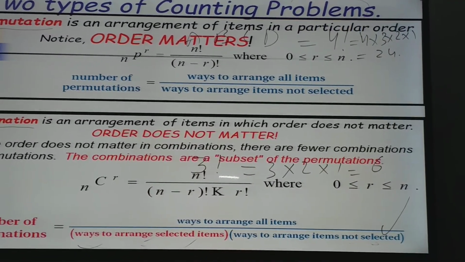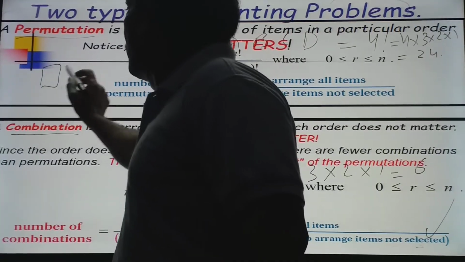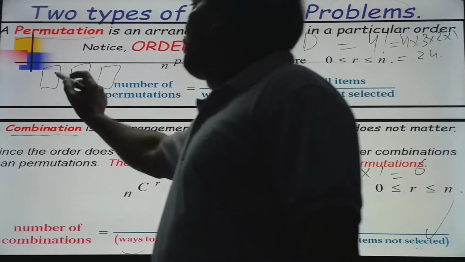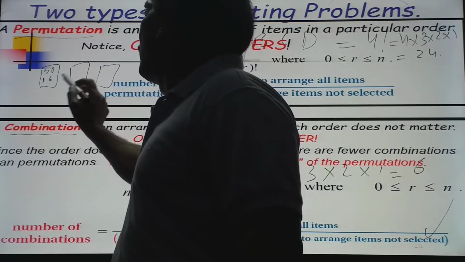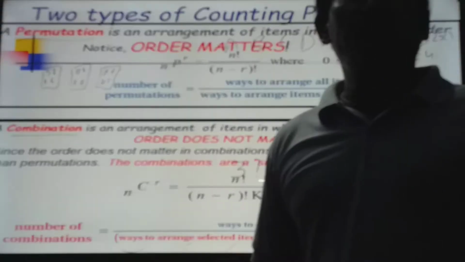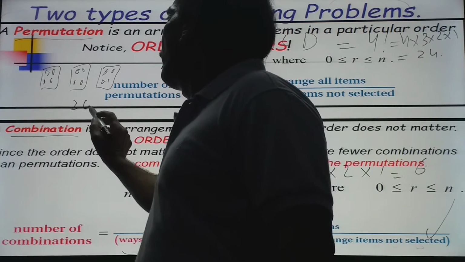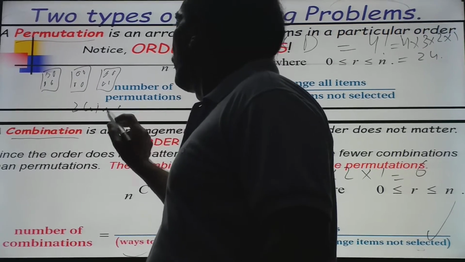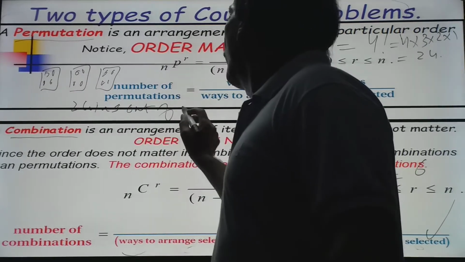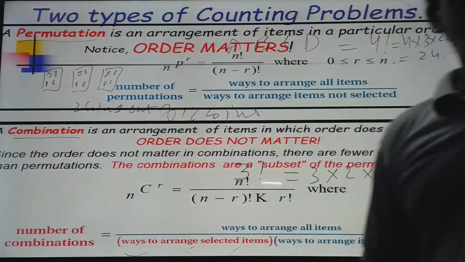For example, if you are given 3 bags, each bag having different numbers of coins, and you have to find 2 coins out of 12 coins. Here you have to find 2 coins out of 12 coins.